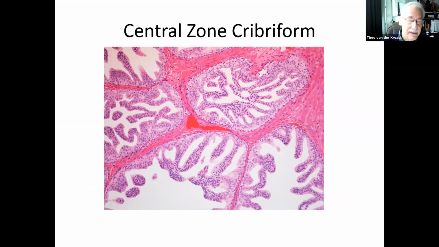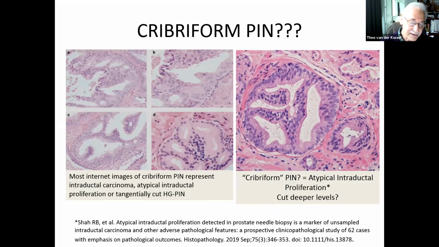If one searches the internet for cribriform high-grade PIN, one generally finds pictures of intraductal carcinoma, like you see on the image here on the left side, or a tangentially cut tufted type of PIN. The literature also mentions cribriform PIN as one of the 4 architectural patterns of high-grade PIN, being tufted, flat, micropapillary, and cribriform.